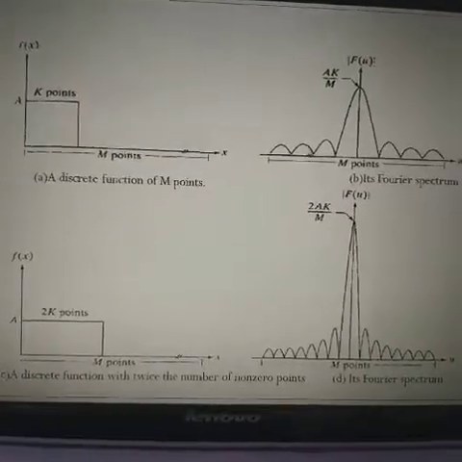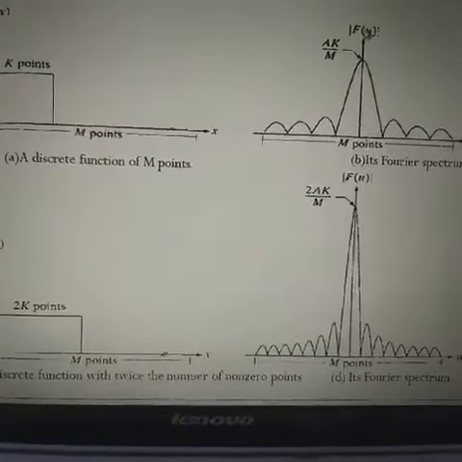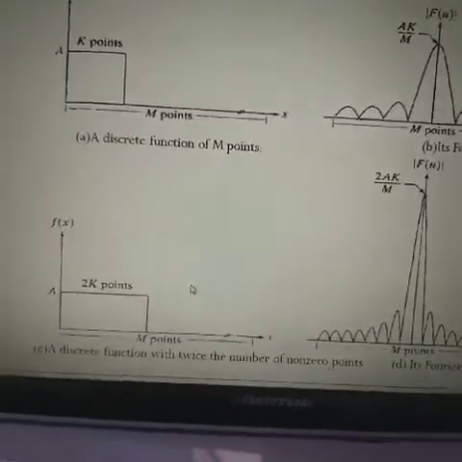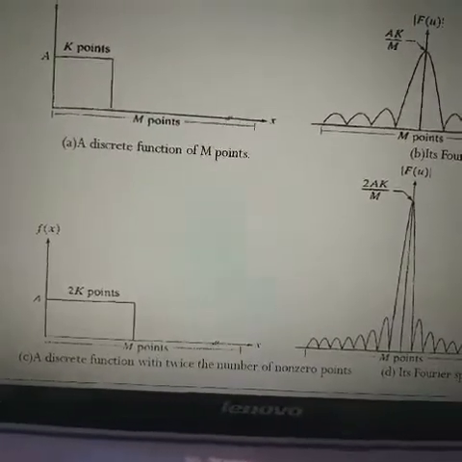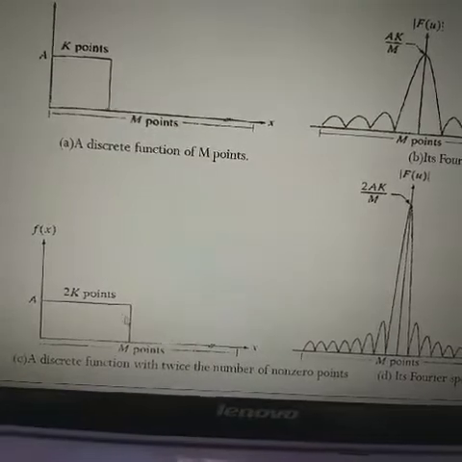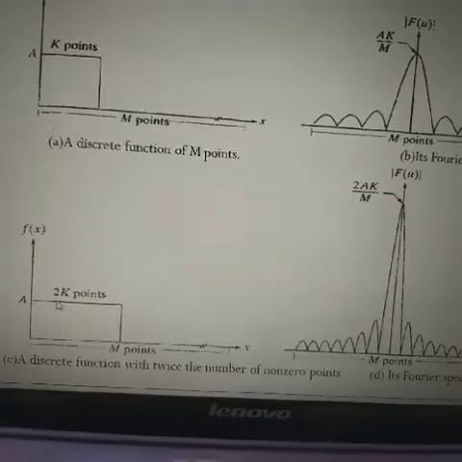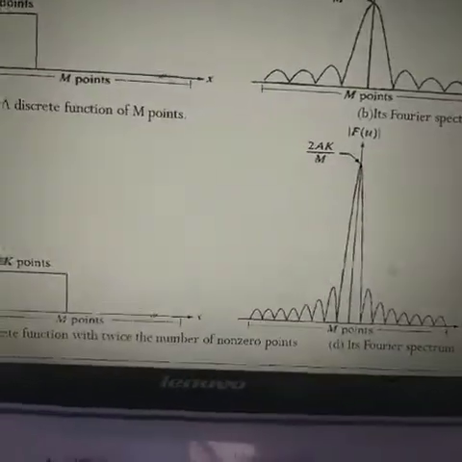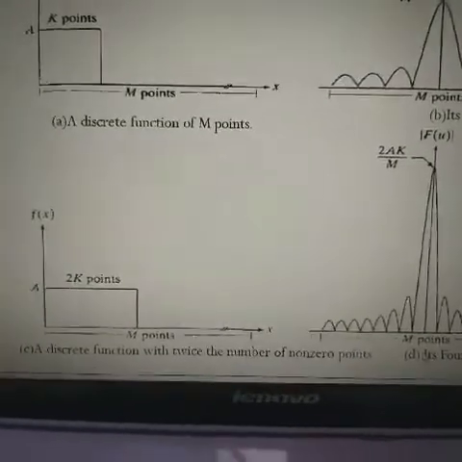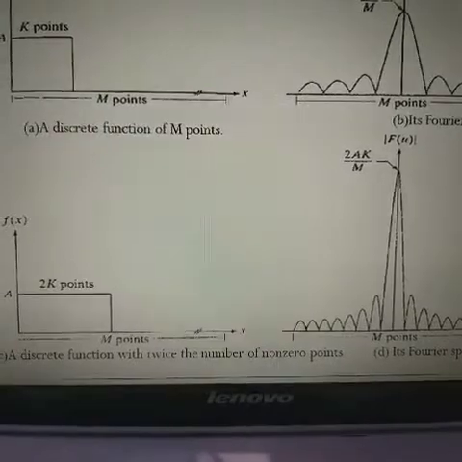The Fourier spectrum is like this. We have the m points. This is the Fourier function magnitude A k divided by m. If we have a discrete function with twice the number of non-zero points, then we get the Fourier spectrum like this. So with different values of u and different values of x, we get different Fourier transforms.